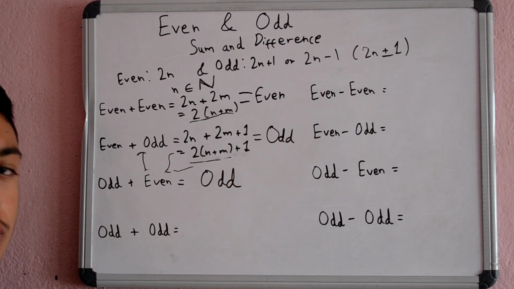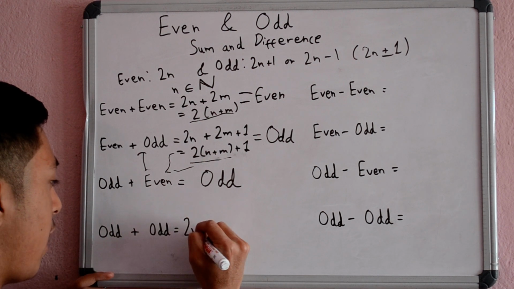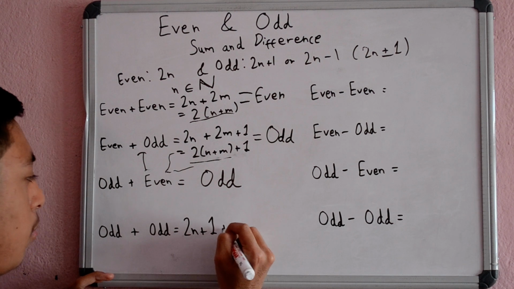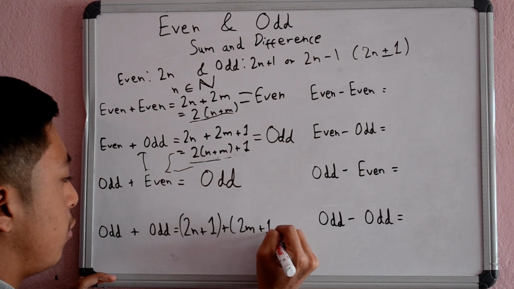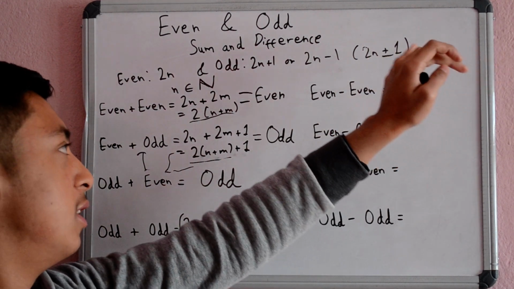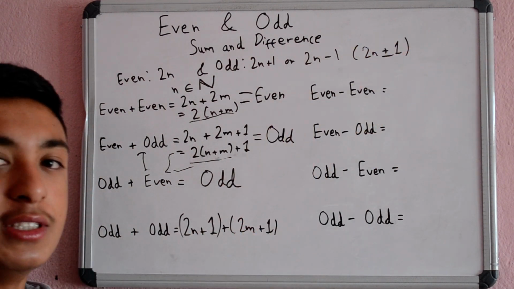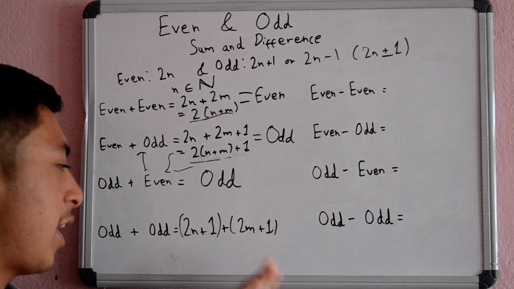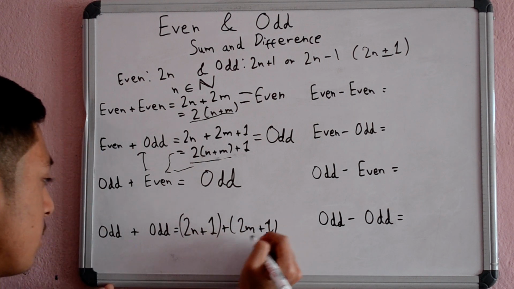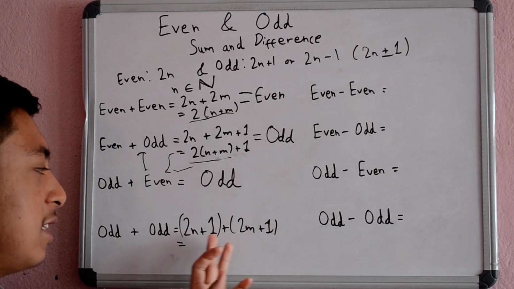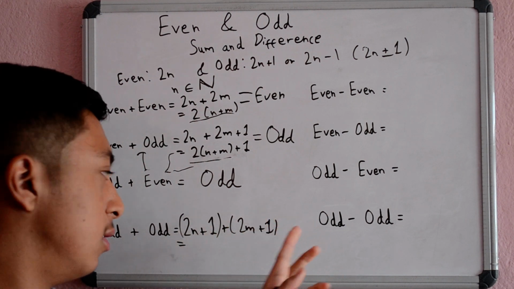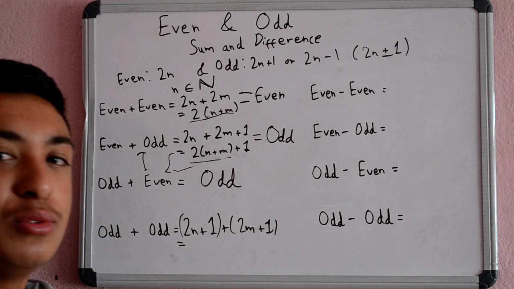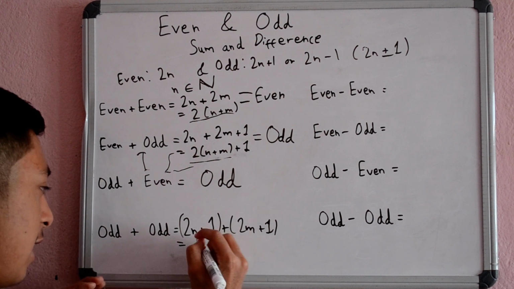And for odd plus odd, we'll have 2n plus 1 plus 2m plus 1. You can also choose minus 1, but I prefer to use plus because it's easier to understand and do. In this case you could choose plus 1 and minus 1 so they cancel, but let's do something a bit more interesting than that.